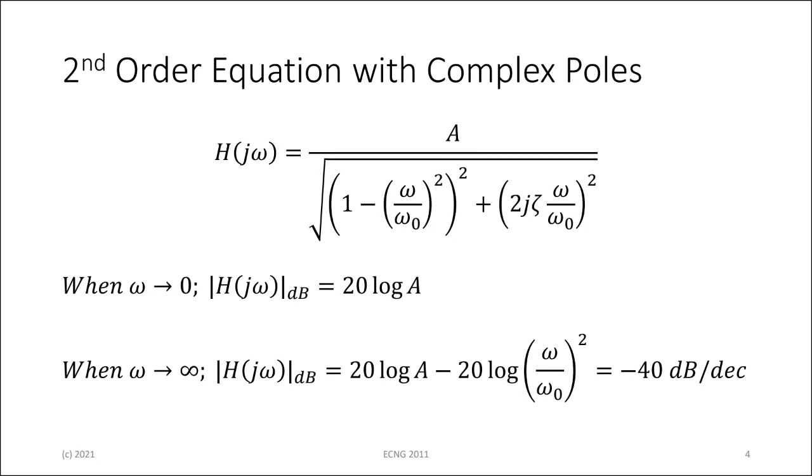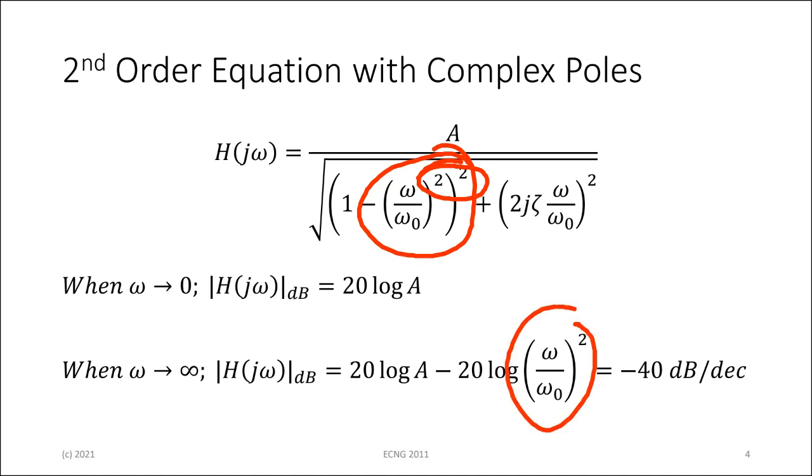When omega gets very big, as the frequency gets very high, notice what we have here. We have two bits here. This here is going to give me an omega as omega gets very big. Remember, we have a square root of a squared here, so this is going to give me an omega squared below.